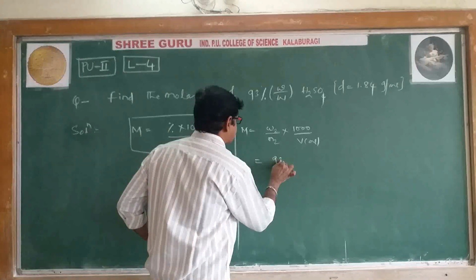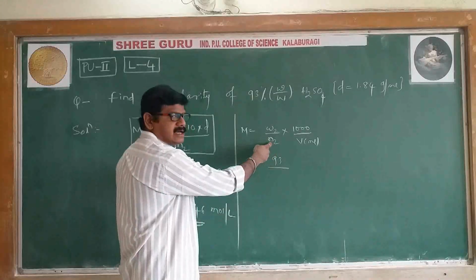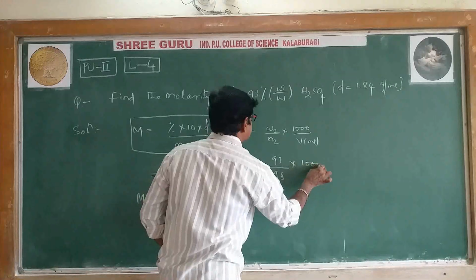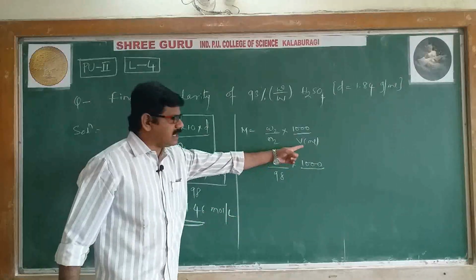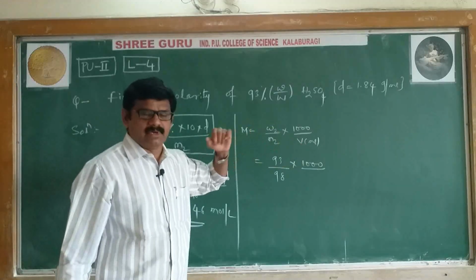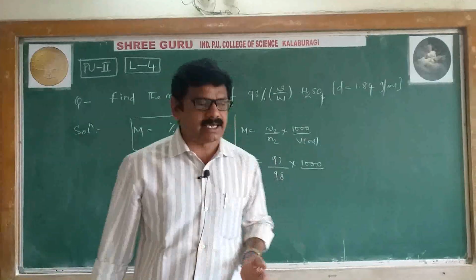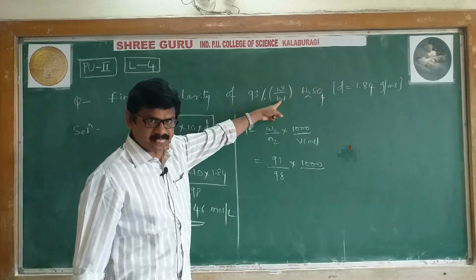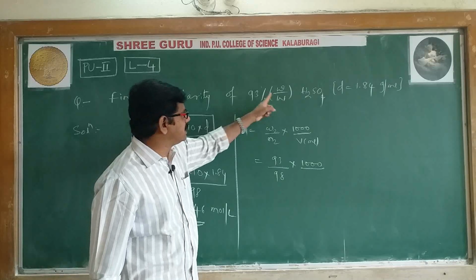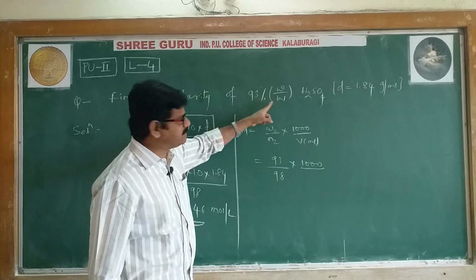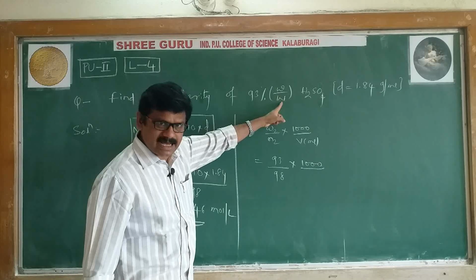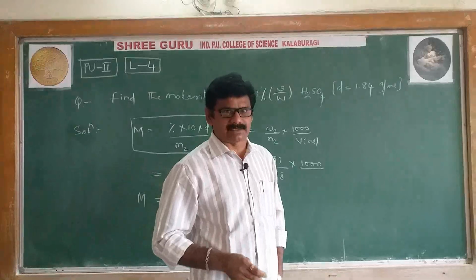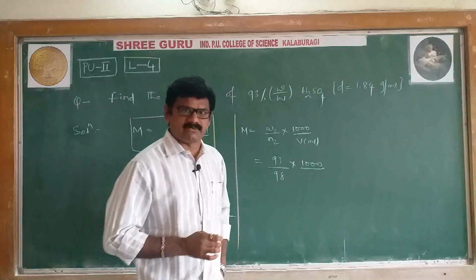Therefore 93 grams divided by molar mass of H2SO4, 98, into 1000 divided by volume of solution. That is the only problem. Volume of solution is not there. Instead of volume of solution, we have the mass of solution. Because it is a mass percentage, the mass of solution is 100 grams. Therefore, with the help of the density factor, we'll get the volume of solution.